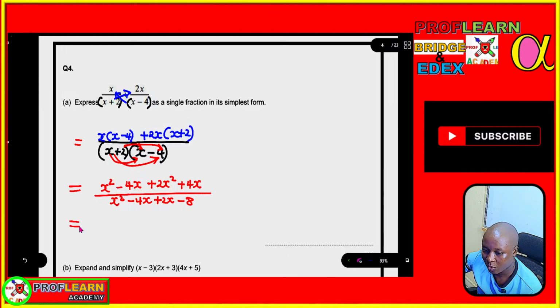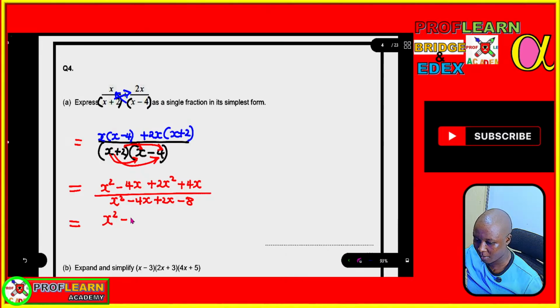Then we can put the like terms together here. In this case, the numerator will be x squared minus 2x, because minus 4x plus 2x will be minus 2x. Of course this and this will cancel out. So what is the expression going to be?